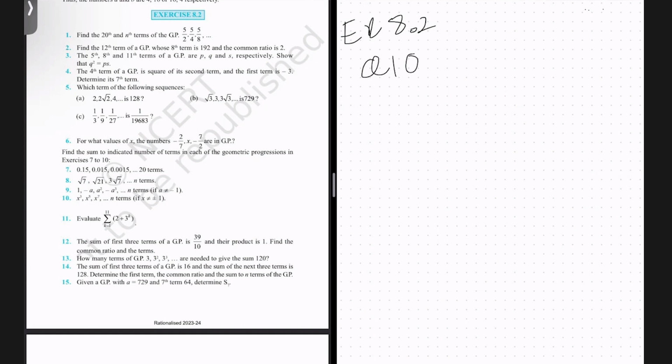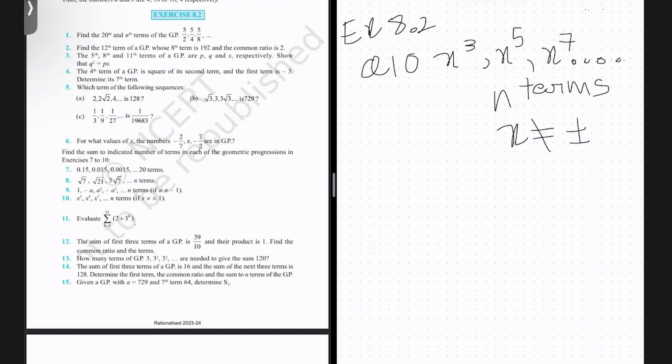For the 10th question, you have the sequence as x cube, x raised to the power 5, x raised to the power 7, up until, and you want to find out the sum of this particular GP up until n terms. Here you have been told that x cannot equal plus minus 1.